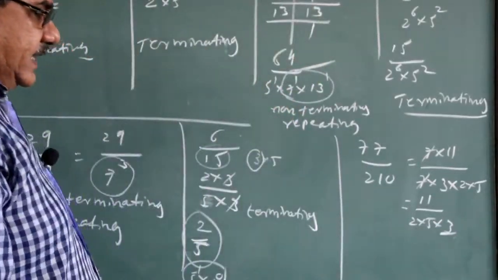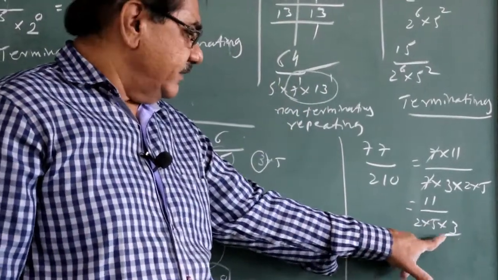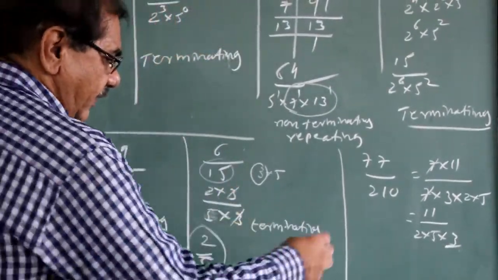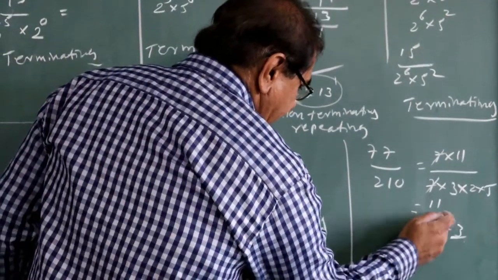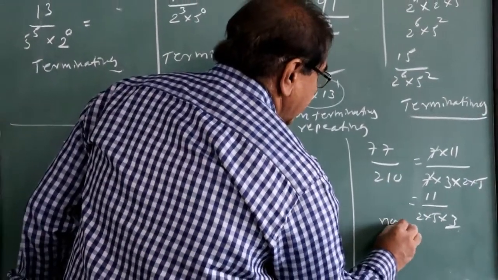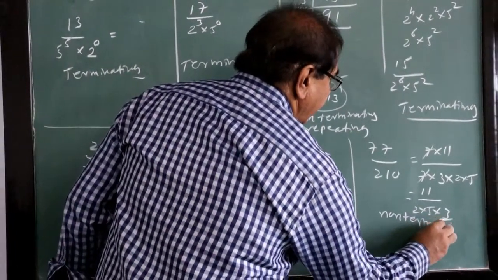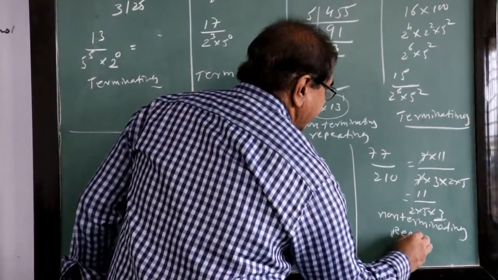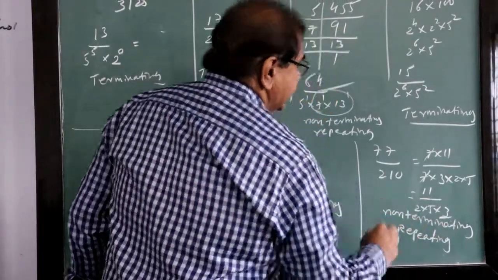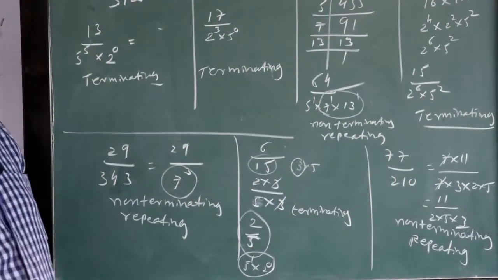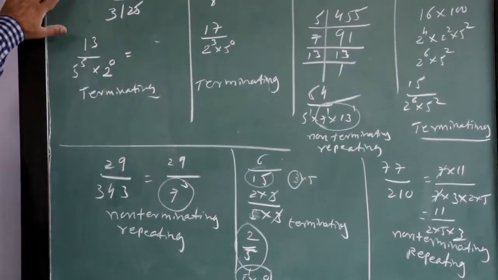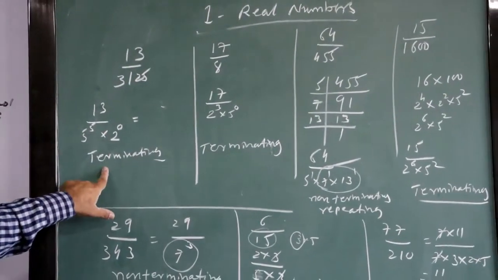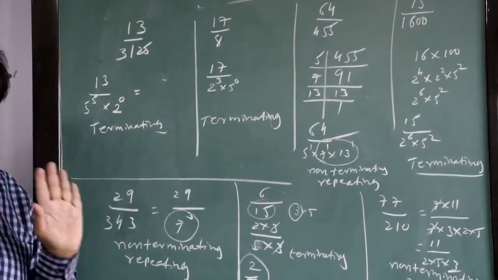Again 3 is a prime factor, meaning the prime factorization of q is not in the form of only 2 raised to n into 5 raised to m. So this is non-terminating and it is repeating. So simply looking at the fraction, you can very easily judge whether the decimal expansion of this fraction will be terminating or non-terminating, repeating.